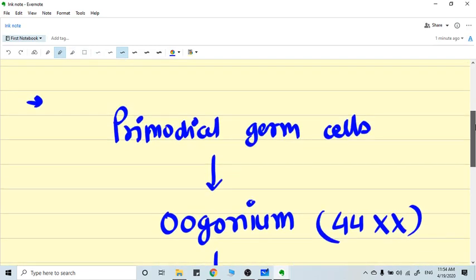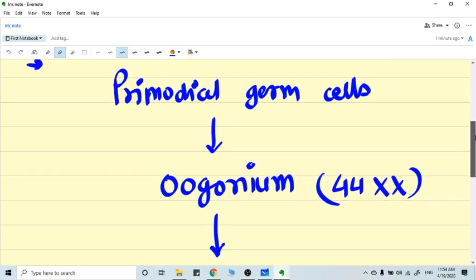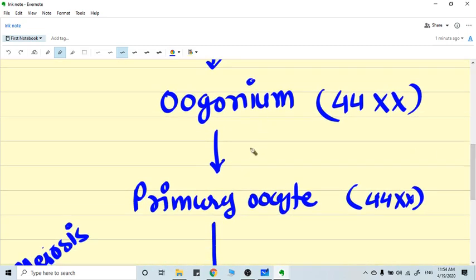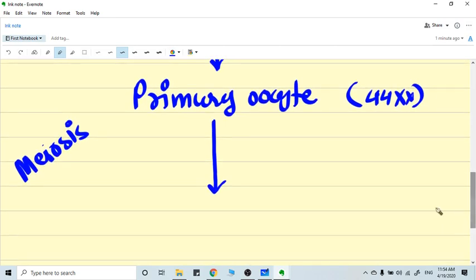Okay, repeatedly. Primordial germ cells go into the oogonium. Oogonium divides by mitosis as usual. Other cells like that. It converts into primary oocyte, and the primary oocyte now starts going into the oogenesis with meiosis number 1. But what happens?